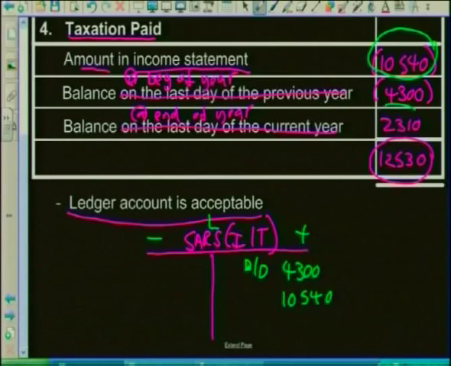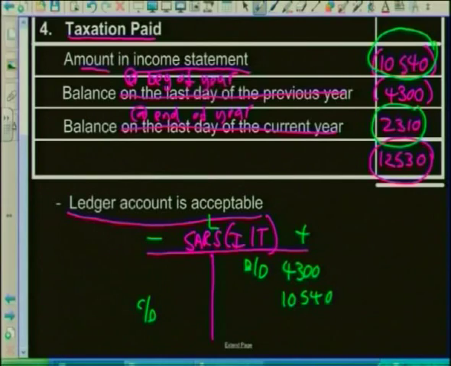Now let's look at what is the balance owing at the end of the financial year. So at the end of the year, you are owing the receiver 2,310. Now remember guys, at this point you should be very familiar with your T accounts, with your general ledger accounts. So my carried down at the end of the financial year, I am owing the receiver 2,310.